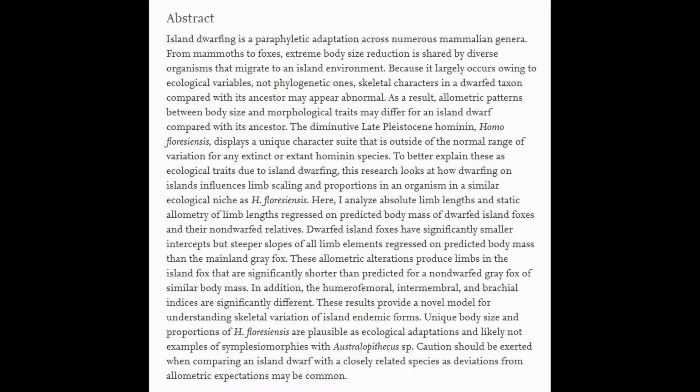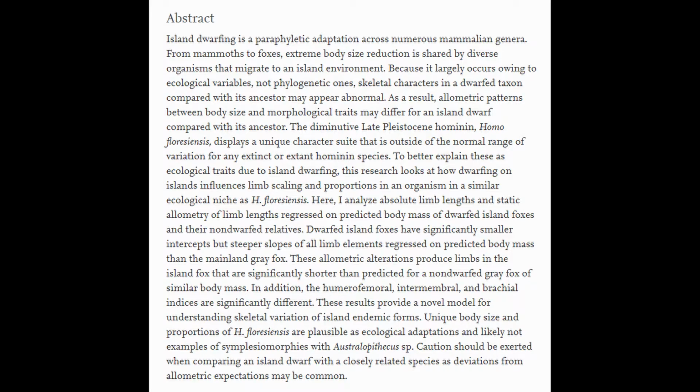There are broad brushstrokes that show that they're related in some way, but if you look at the whole suite of characters, and when I say characters, I mean features on the bones, like an enlarged muscle attachment maybe on the arm or something along those lines.